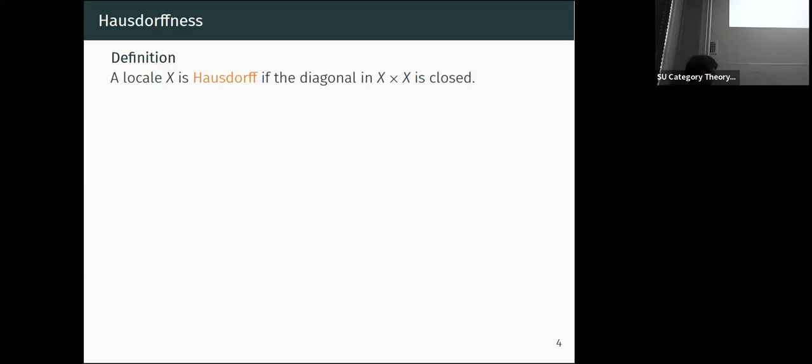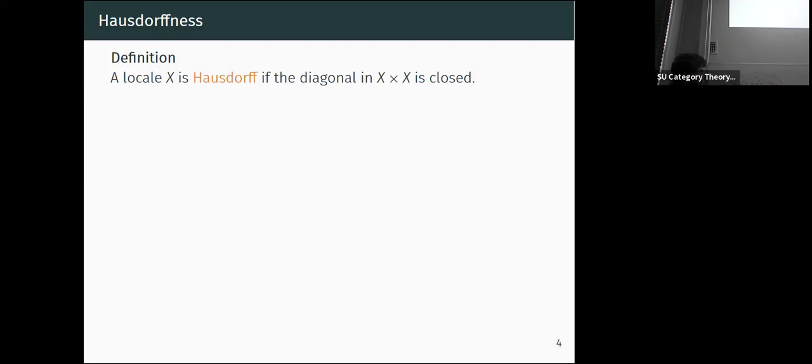But why is the space Hausdorff if the diagonal is closed? Well, this is our space and this is the diagonal. Suppose we take two distinct points x1 and x2 in X. Then in the product, this corresponds to a point lying off the diagonal, but the diagonal is closed. So there exists some basic open set which contains this point and doesn't intersect the diagonal.